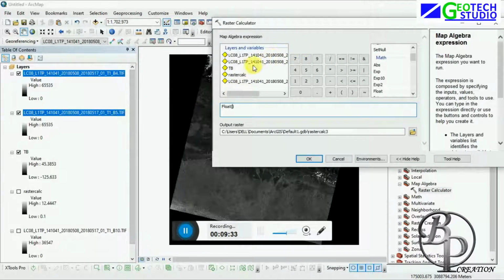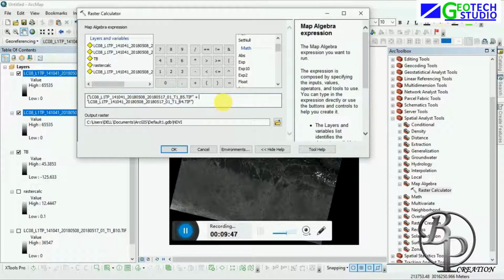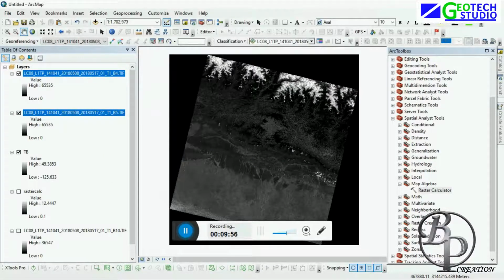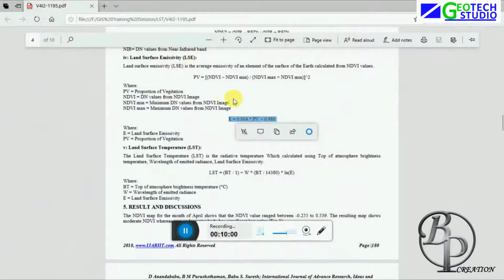After this we get our NDVI output, and first of all we have to recognize which one is band 5 and which one is band 4. So add them in our formula carefully, otherwise we can get lots of errors while doing this, as we are using only the raster calculator to calculate the land surface temperature.